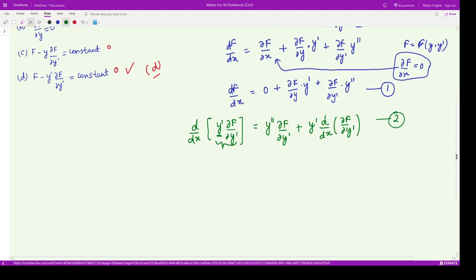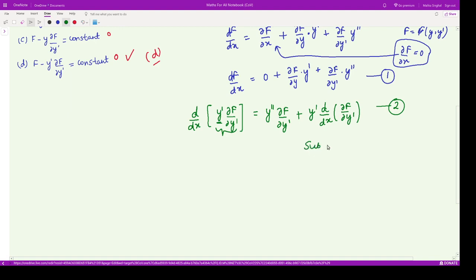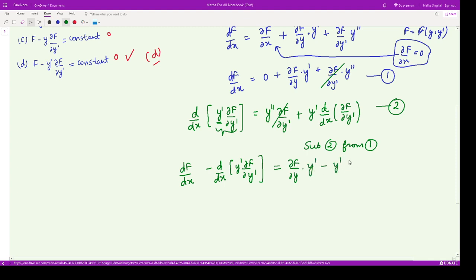So now let me subtract equation 2 from 1. What I obtain is df by dx minus d by dx of y dash del f by del y dash is equal to, so this term cancels with this term, so I'm left with del f by del y into y dash minus y dash d by dx of del f by del y dash.